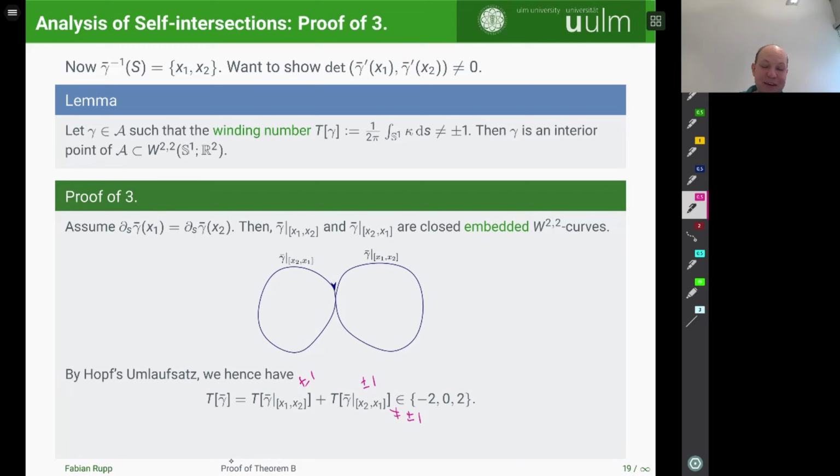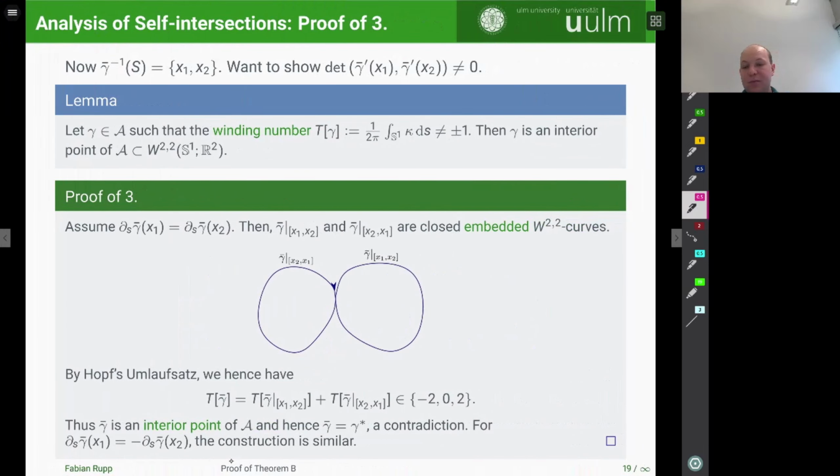But it cannot be the figure 8 because the figure 8 looks like so and has a non-tangential self-intersection, right? But we assumed that it has a tangential self-intersection. So here's the summary of the argument again: if gamma bar is an interior point, it has to be the figure 8, so it cannot have a tangential self-intersection, but we assumed that it did, so there's a contradiction.